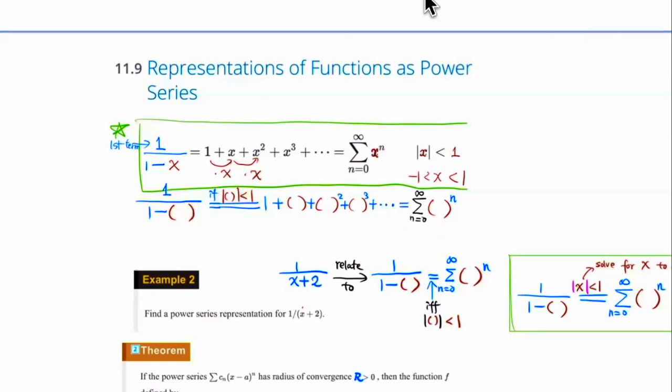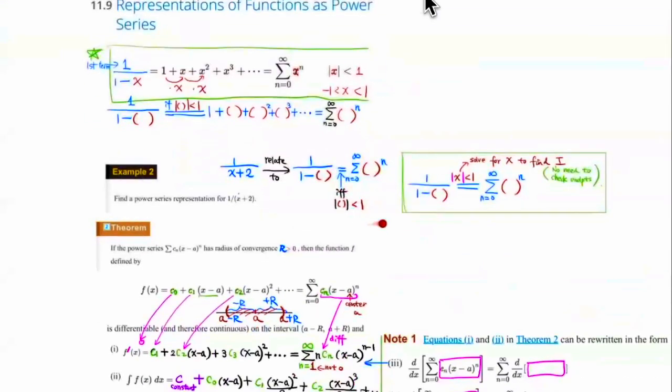So here's an example of how we use it. To find the interval of convergence, you just need to solve this inequality. When you set the absolute value of the common ratio less than 1 and solve that, you find the interval of convergence. And there's no need to check the endpoints.